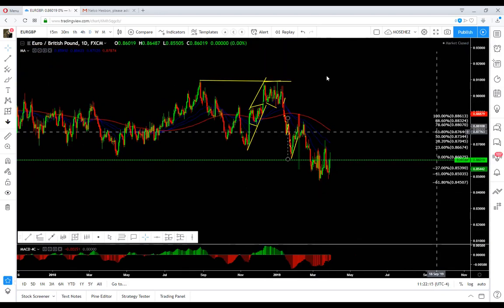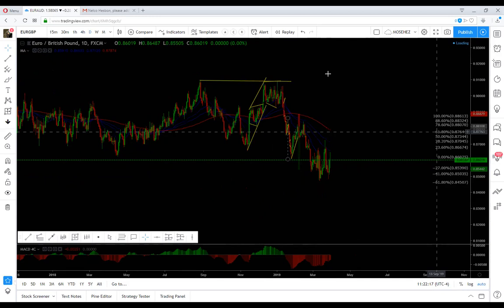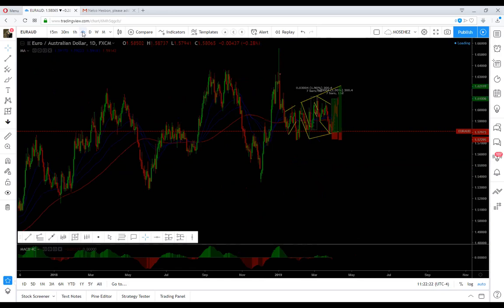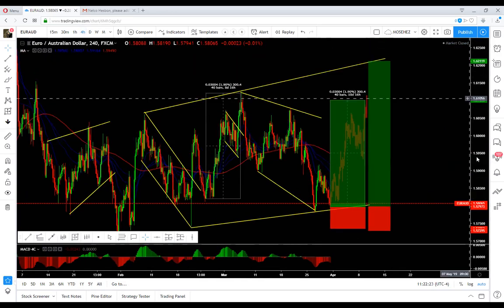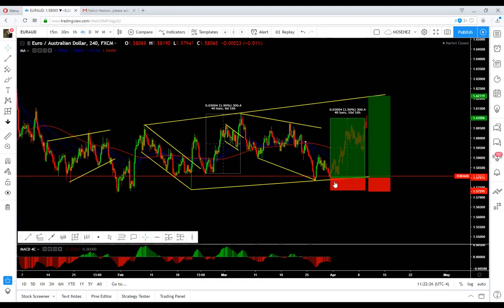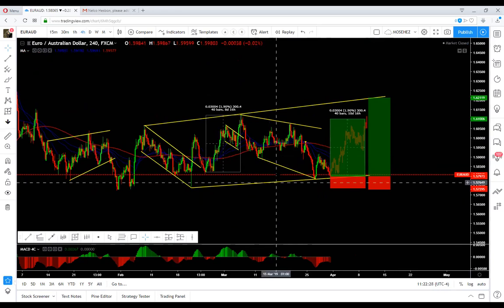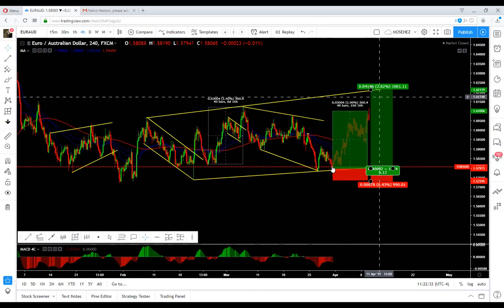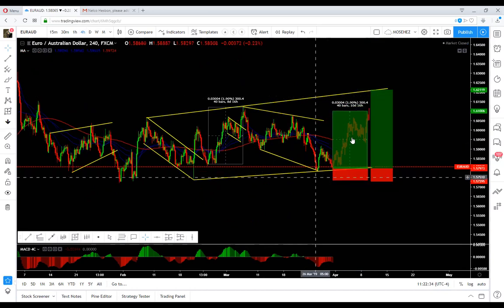So I will try and do a chart on the euro pound. This is also a good trade. This is also a good trade. This is also a good trade. So I expect it to make one more up move in the coming week. You can see the levels at which it was.